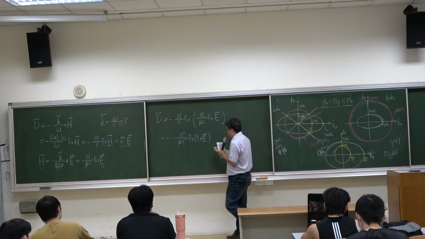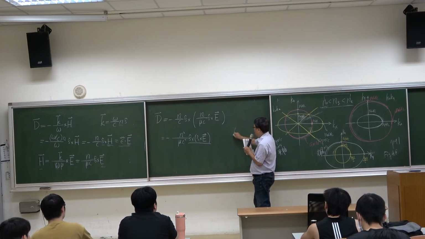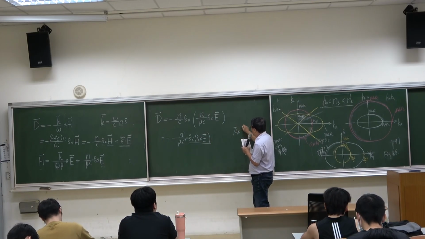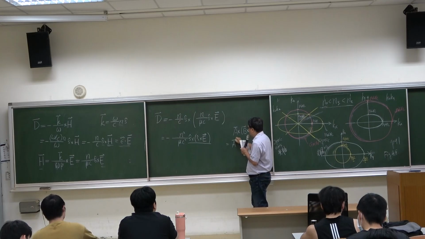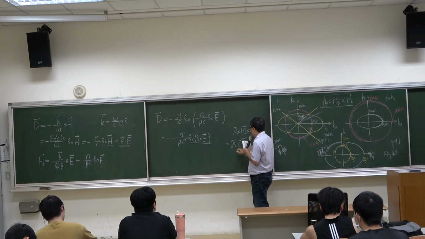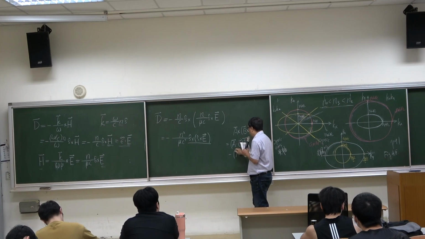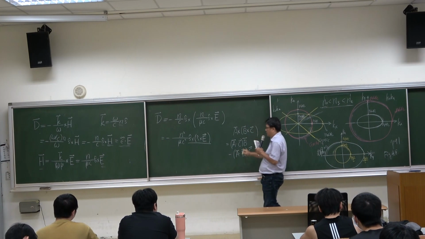What is this result? According to vector analysis, A cross B cross C is equal to A dot C times B minus A dot B times C.